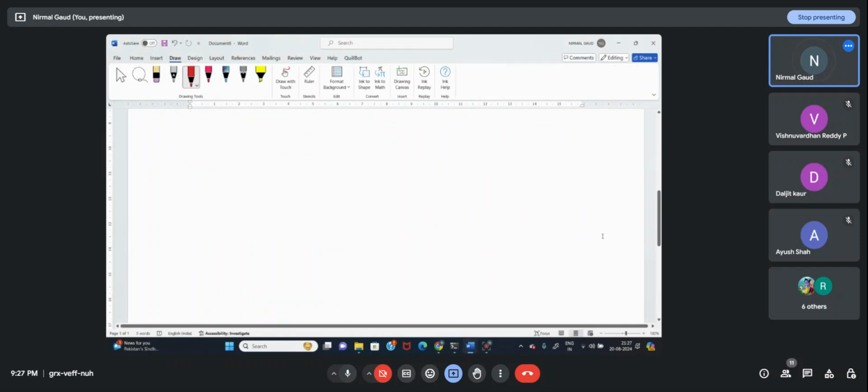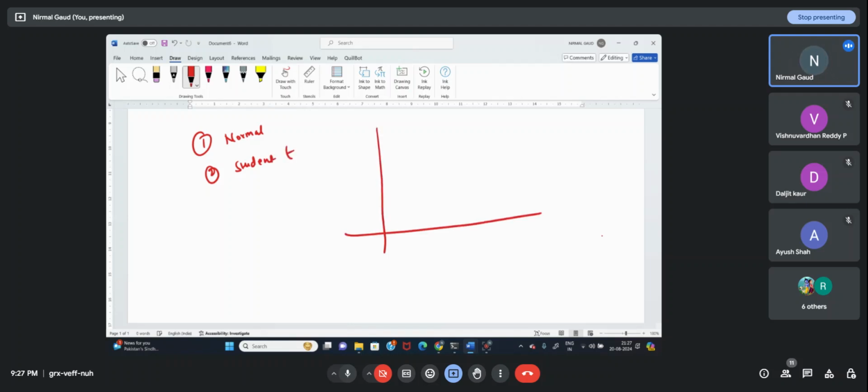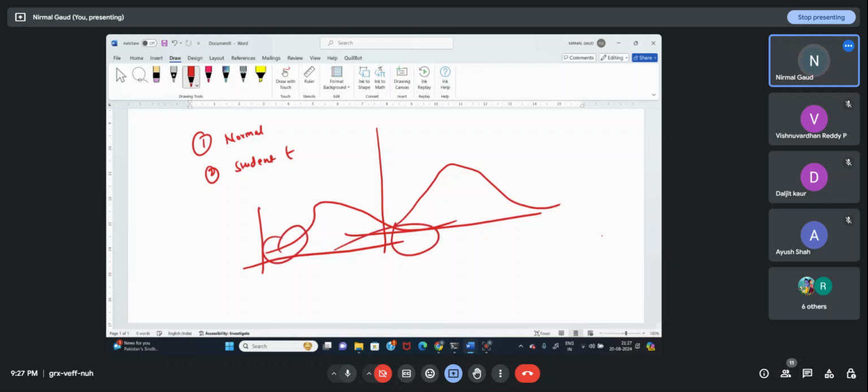We are having two types of distributions in general for continuous data: one is normal, one is student T. Both of them look the same only. This is normal, and this might be your T distribution, which has heavy tails.